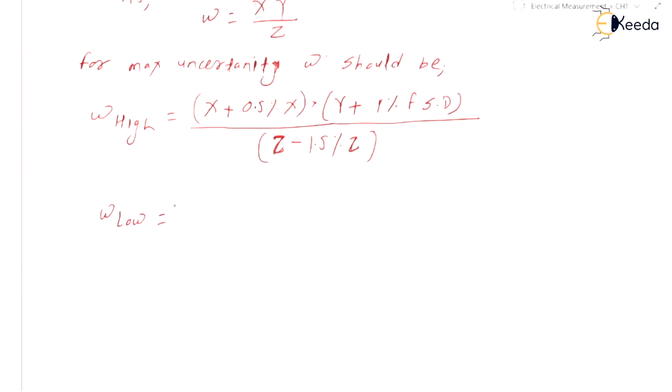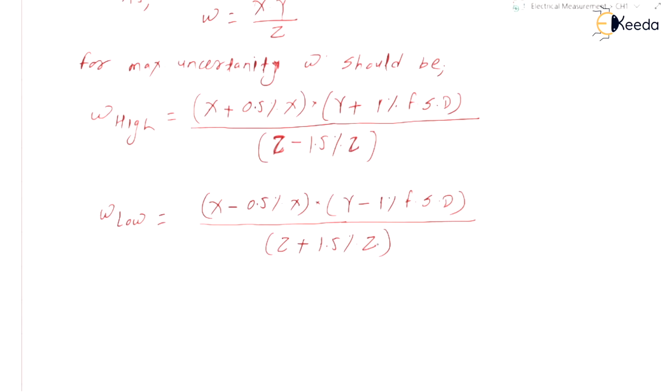For getting the lowest possible value of the w, the numerator term should be as low as possible, and the denominator term should be as high as possible. So here it should be x minus 0.5% of x into y minus 1% of full scale deflection divided by z plus 1.5% of z.